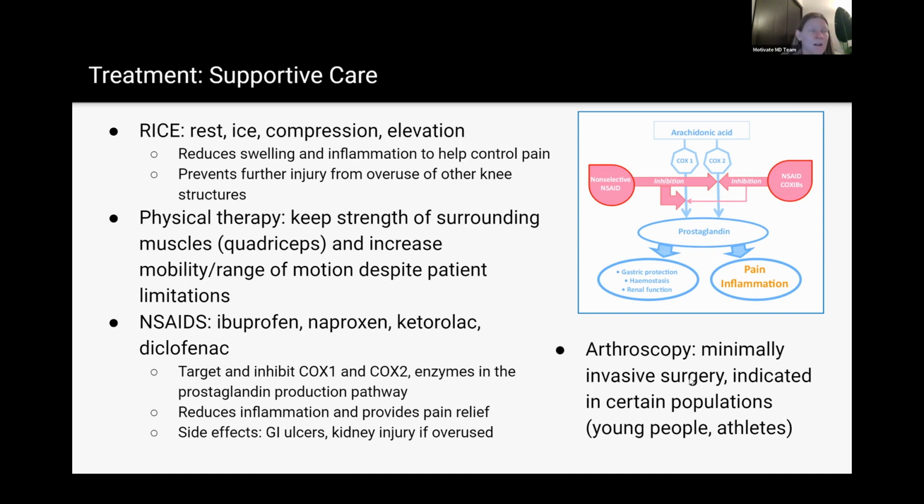It's not required. And a lot of people who are older and who have comorbidities, or who are sedentary, or who have a poorer chance at recovery, are not going to be as good of candidates for surgery. So these things on the left side here are really the bread and butter of treating sports injuries.